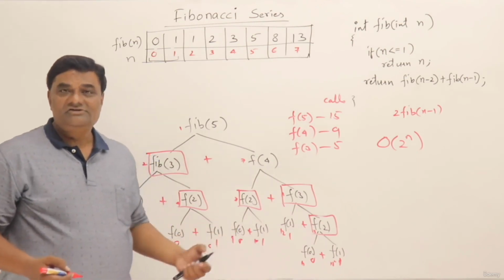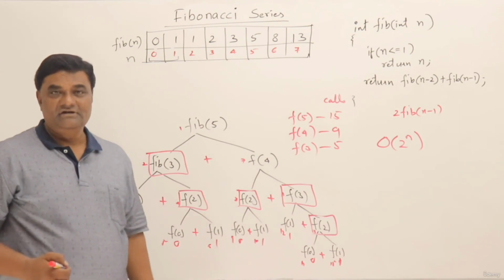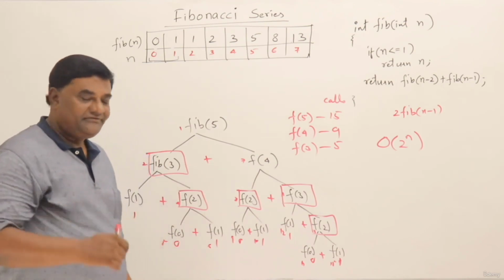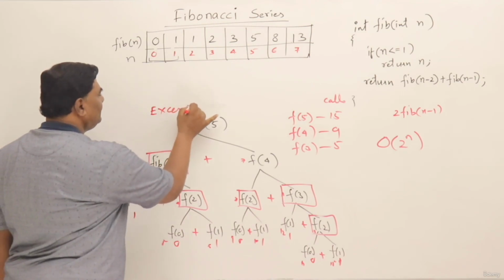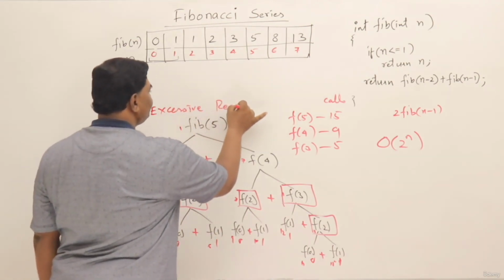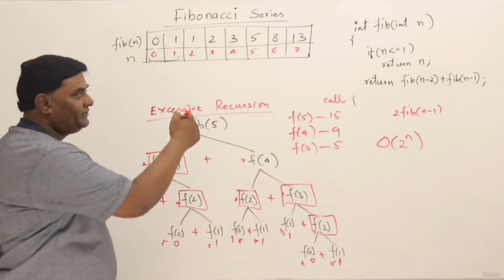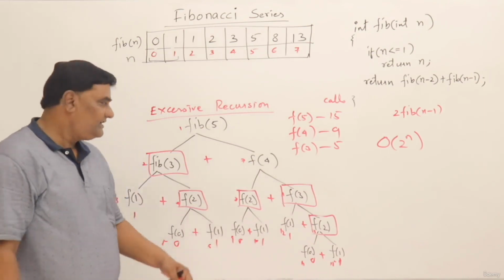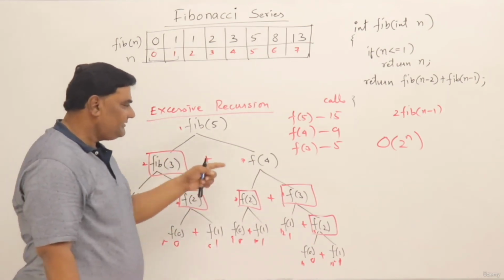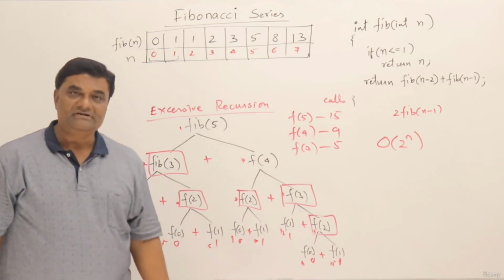So a recursive function is calling itself multiple times for the same values. Such a recursive function is called excessive recursion. So yes, this Fibonacci function is an excessive recursion because it will call itself multiple times for the same parameters. This is the problem in this one.